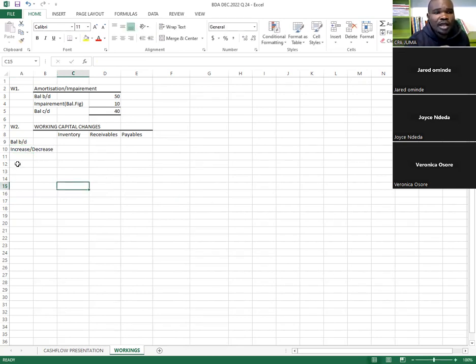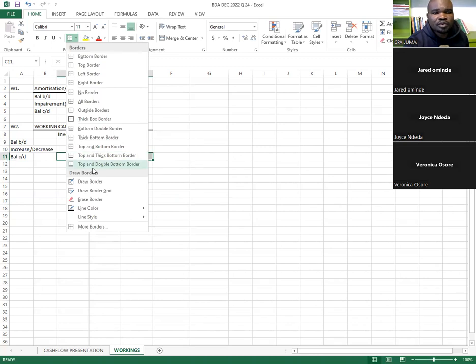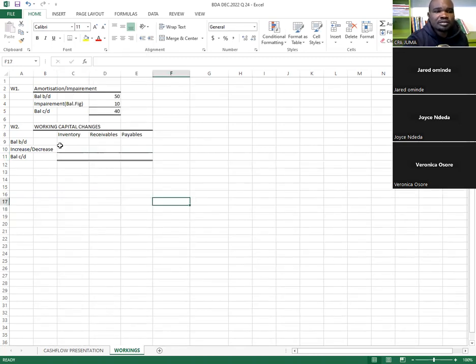Then I will have the balances carried down. So it will just be a comparison. So I can close that one. Whichever way you close it, doesn't matter.